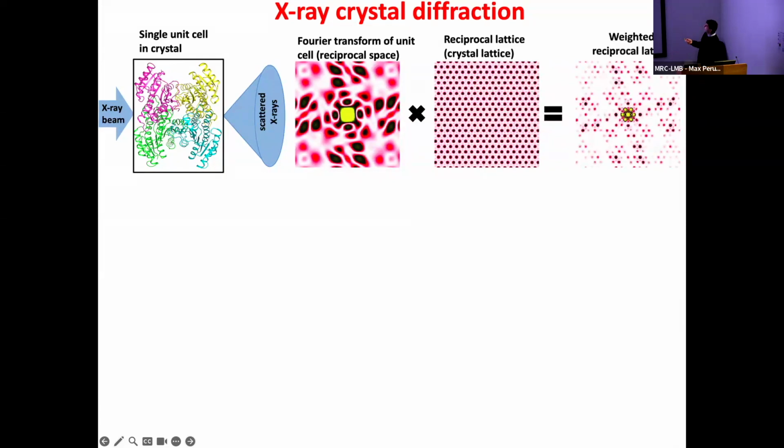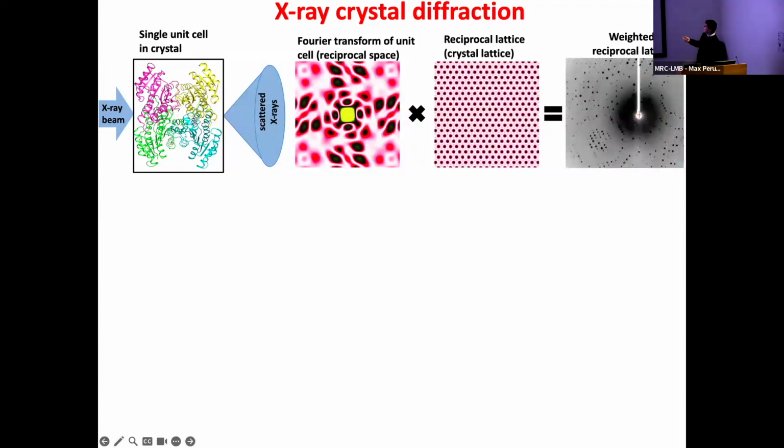And so the image you're going to collect with your detector is what is called a weighted reciprocal lattice. You can see that underneath there is the image, but it's only seen where the reciprocal lattice points are. This might not look very familiar, but if I show you something like this, now you're going to recognize the detector image of X-ray diffraction. This is what you see on your detector, the weighted reciprocal lattice.